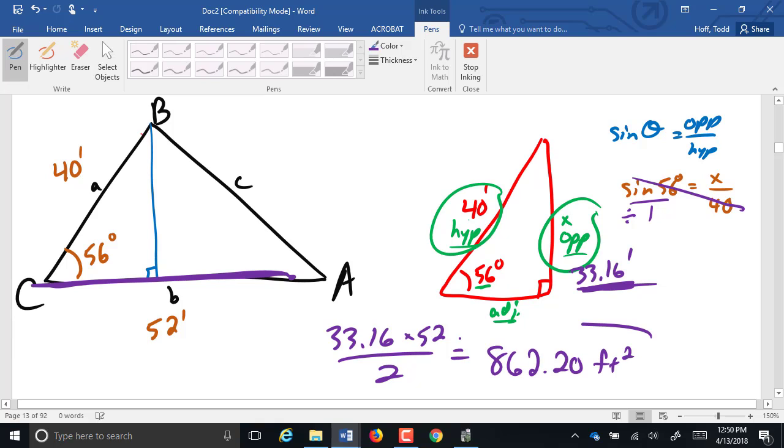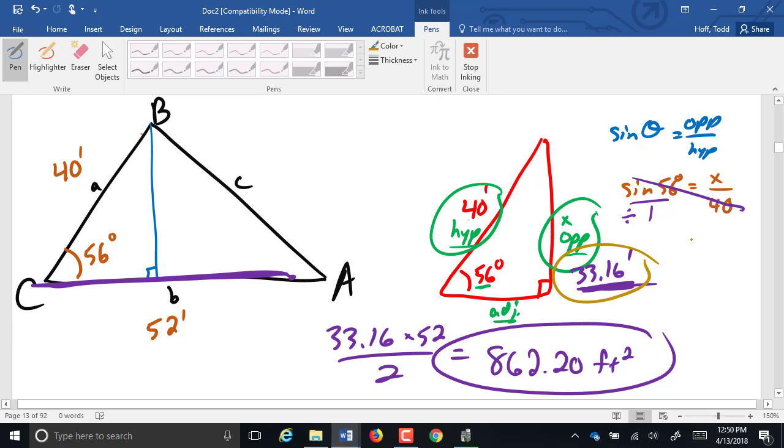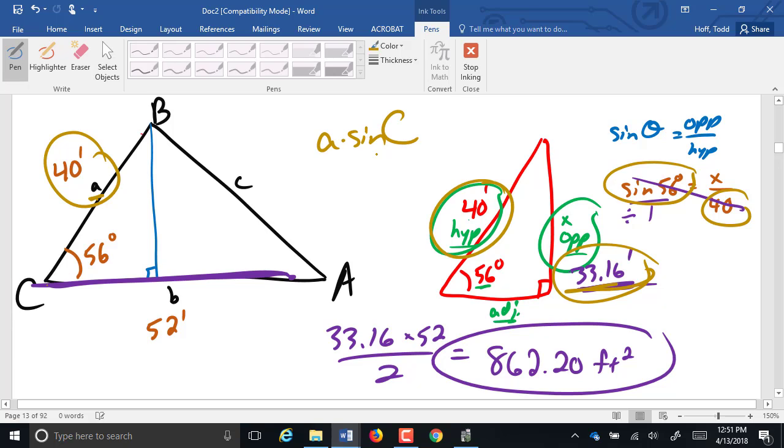That'll be square feet. Well, let's take a look at what we did here. To find this value here, it was the sine of 56 times 40. 40 is side A here. So this length is A times the sine of angle C. Does that make sense?